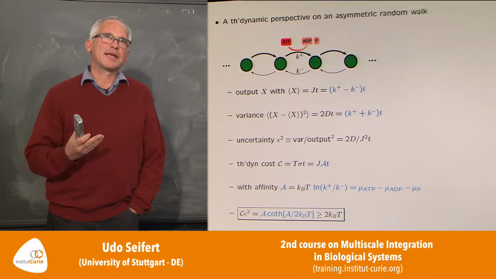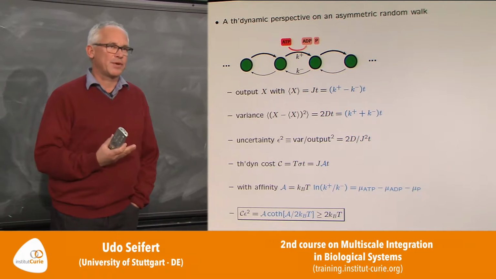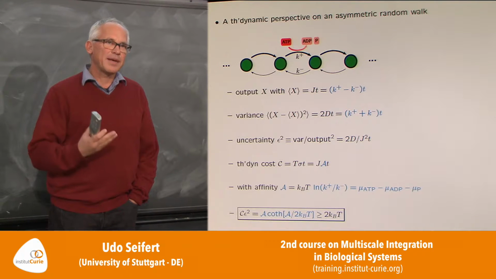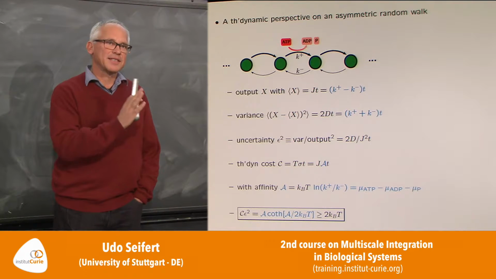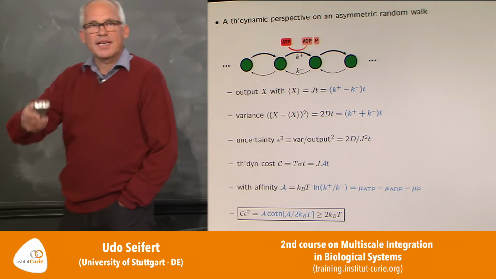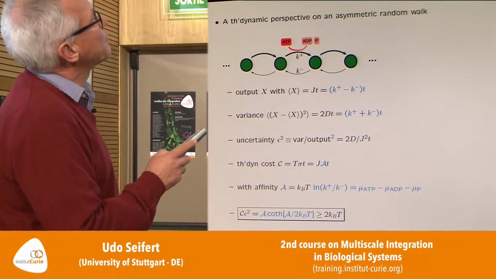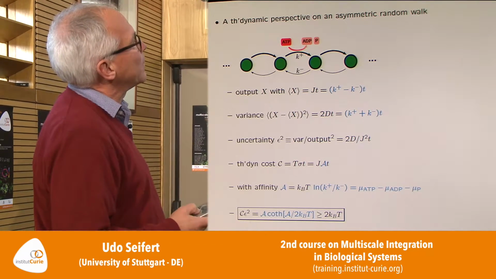If you want something to step preferentially to the right, you have to pay for that. You have to pay for breaking this time reversal symmetry. So there is some thermodynamic cost associated with it. So in the molecular motor, it's the free energy of the ATP hydrolysis.